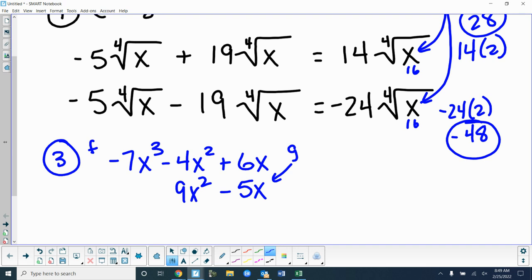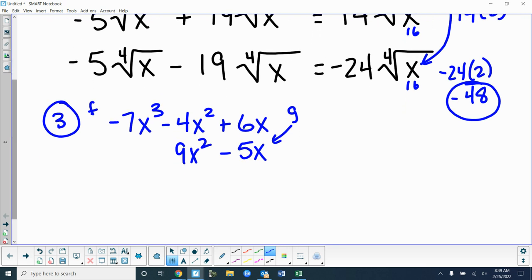So when I add these two, nothing changes with the negative 7x cubed. What's a negative 4 plus 9? 5. And what's 6 plus a negative 5? 1. So that's the addition one.